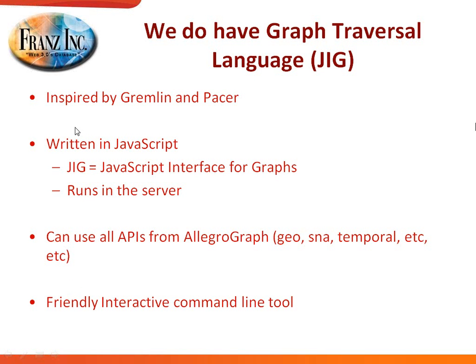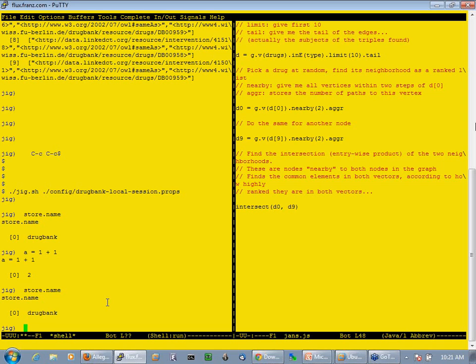Actually, let me go back to the presentation first. So what we have is this graph traversal language called Jig. It's called the JavaScript interface for graphs. It's heavily inspired by graph traversal languages like Gremlin and Pacer. But in our case, it runs directly in the server. The fun part is it can use all the APIs from AllegroGraph, and it's a fairly friendly, interactive way to get through your graphs.